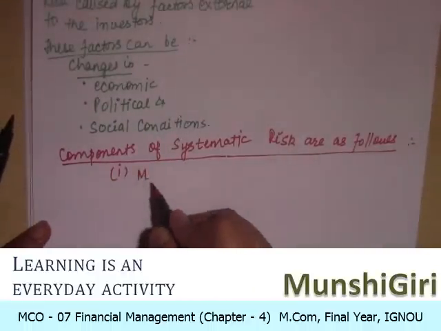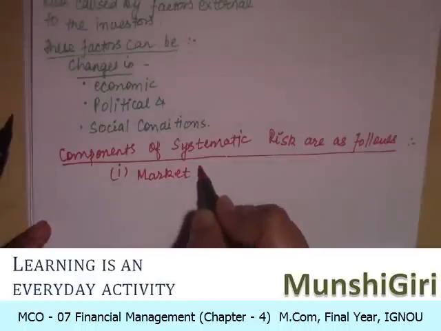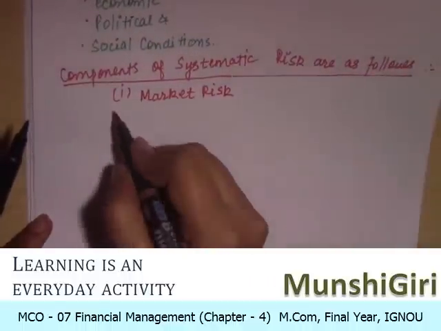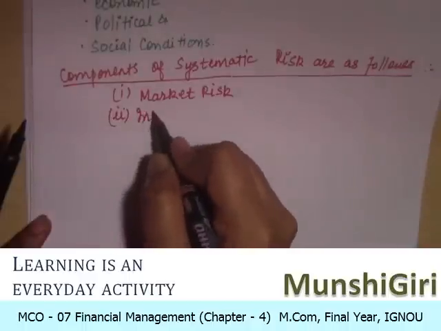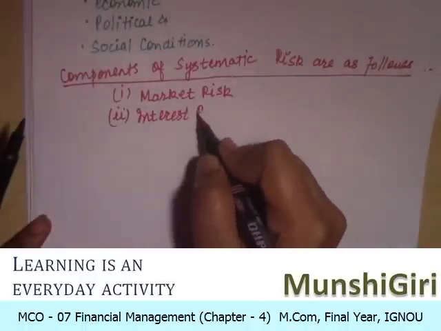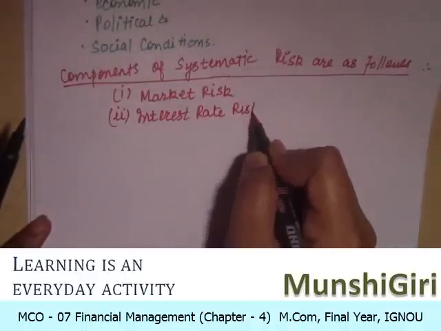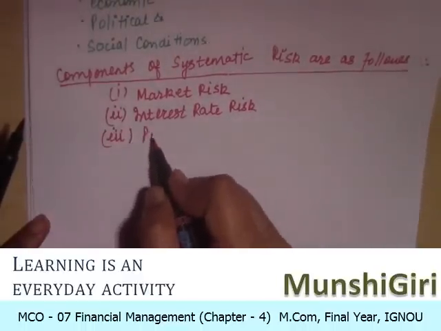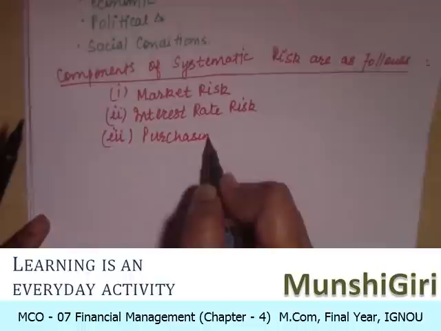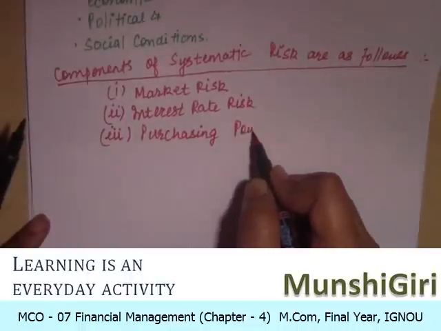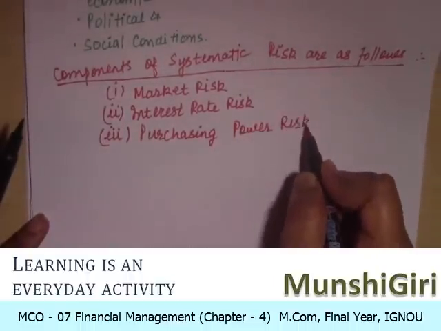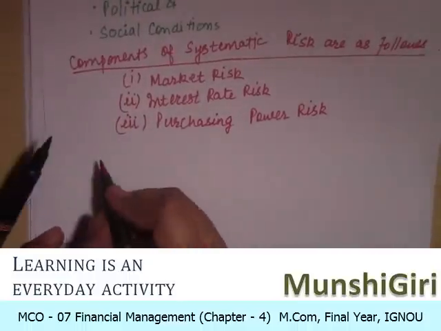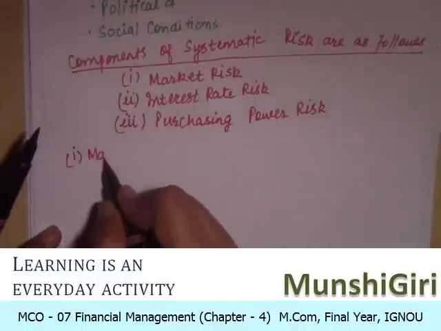They can be market risk, interest rate risk, and purchasing power risk. We're going to learn about these risks one by one. Taking up the first one, we have market risk.